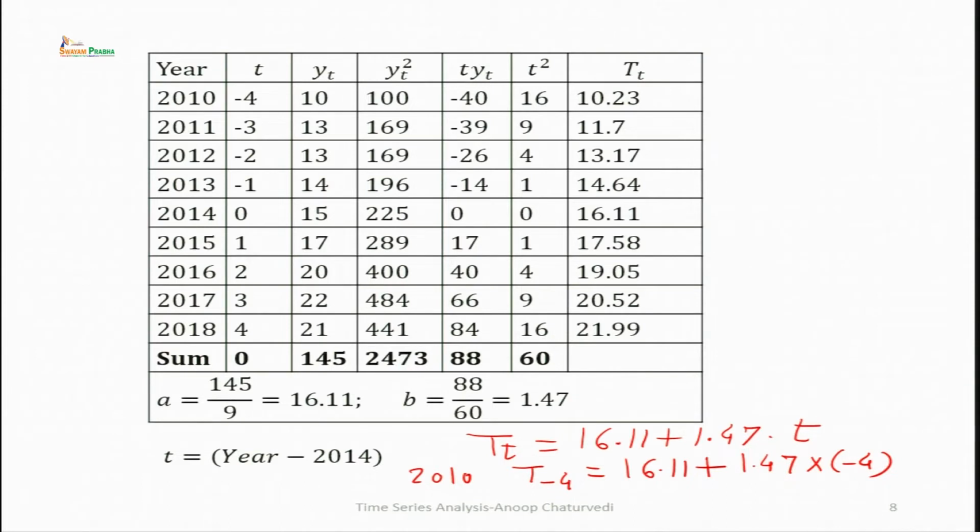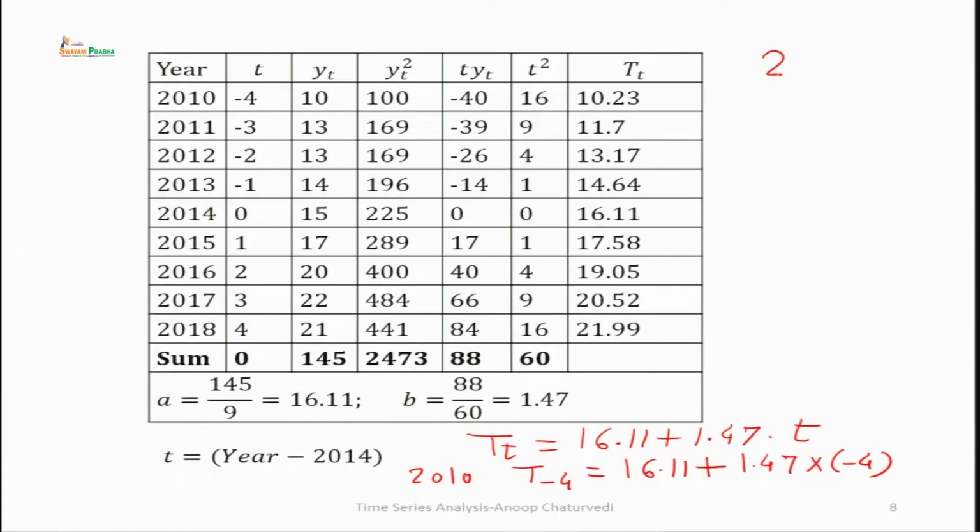Now, once you have fitted the trend line, you can also obtain the predicted trend values corresponding to the years which are outside the range of the time series.